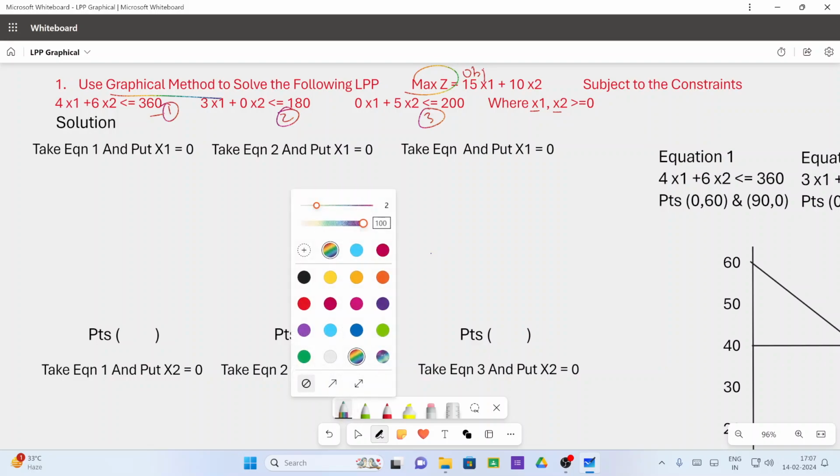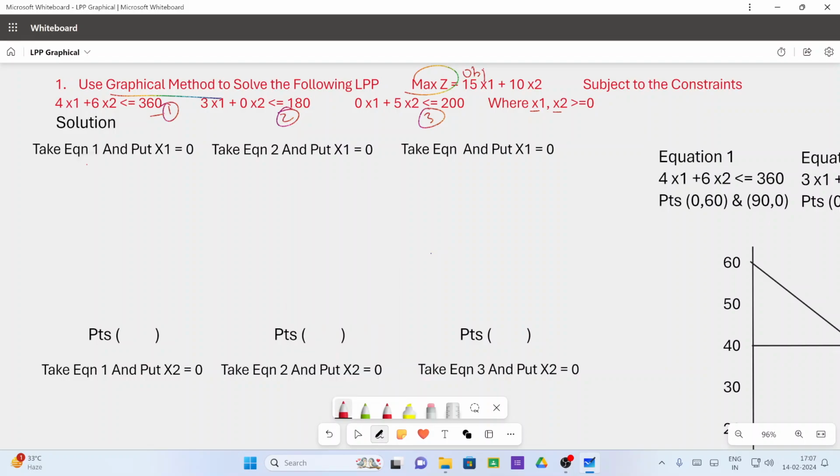Now we take equation number 1 and substitute x1 equals 0. The first equation is 4x1 plus 6x2 equals 360, so with x1 as 0, 6x2 equals 360. So x2 equals 360 divided by 6, which is 60.